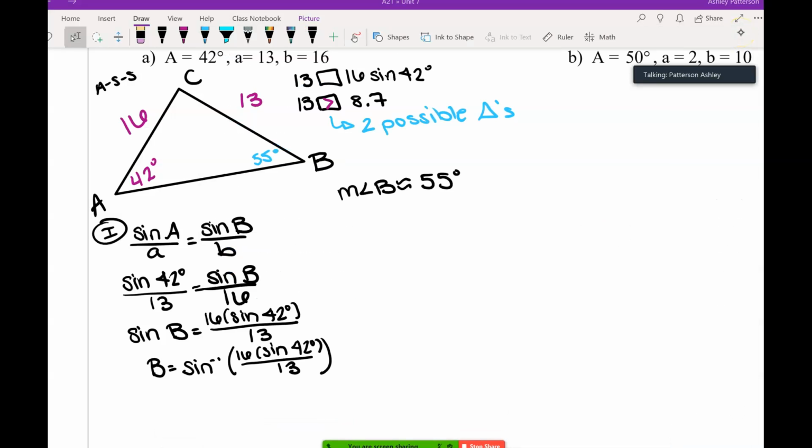No surprise. Okay, so we have big A, little a. We have big B, little b. I know nothing about C. So what I do know is that 3 angle measures within a triangle add up to 180. So I'm going to use that, this was our first step, to find the measure of angle C. I'm going to say that the measure of angle C is 180 degrees minus the sum of the other 2 angles.